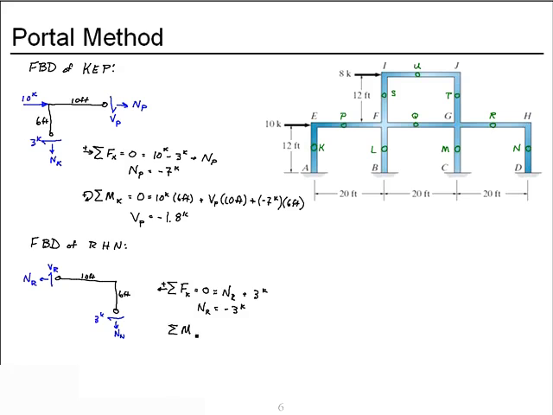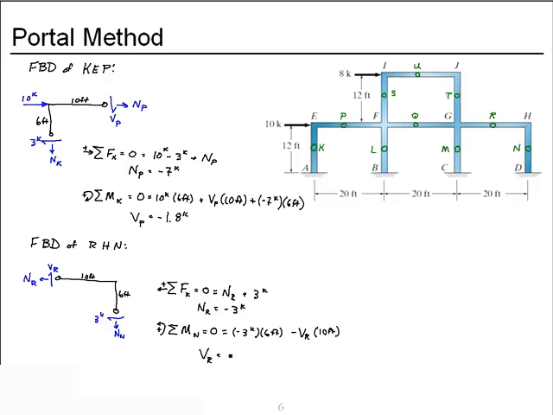Now we'll sum moments about point N. And I'll choose counterclockwise to be positive in this case. We have the shear acting in the opposite direction through 6 feet, and VR acting in the opposite direction through 10 feet.